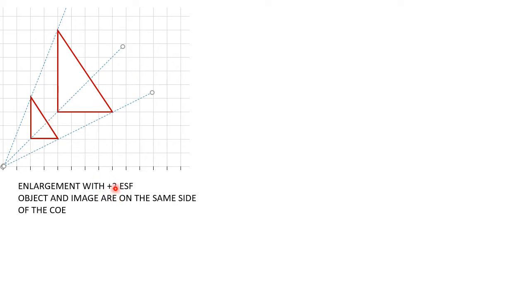Since in our case it's positive 2, the image is twice as big and also is twice as far from the center of enlargement as the object. That is important for me to say. The 2, that is number 2, means the image is twice as big and twice as far as the object from the center of enlargement.